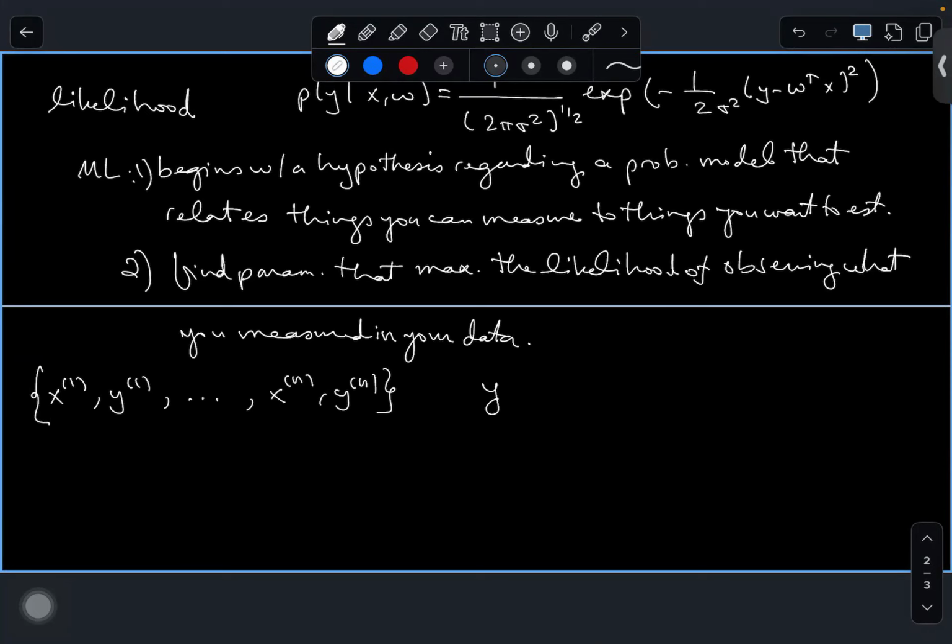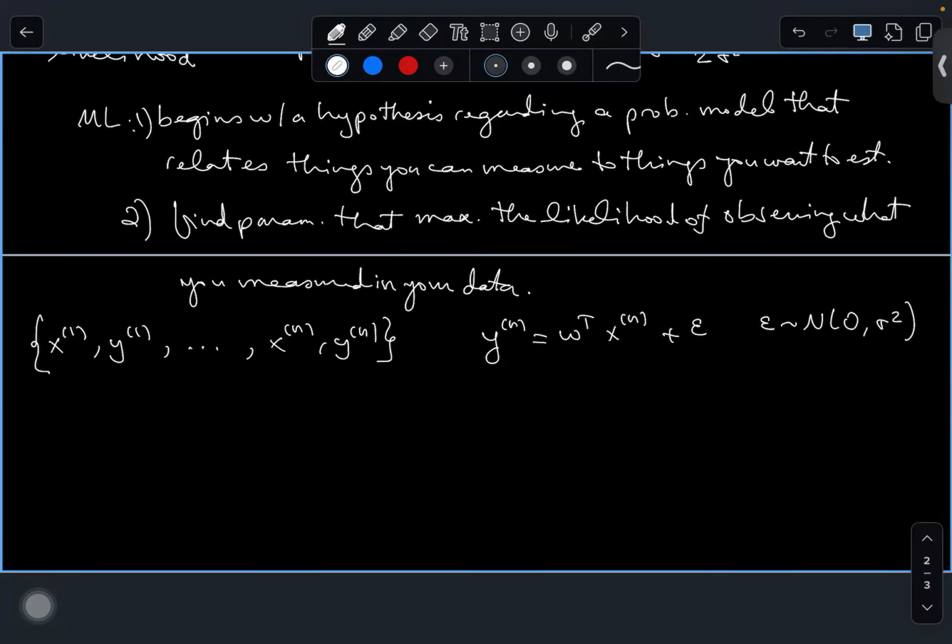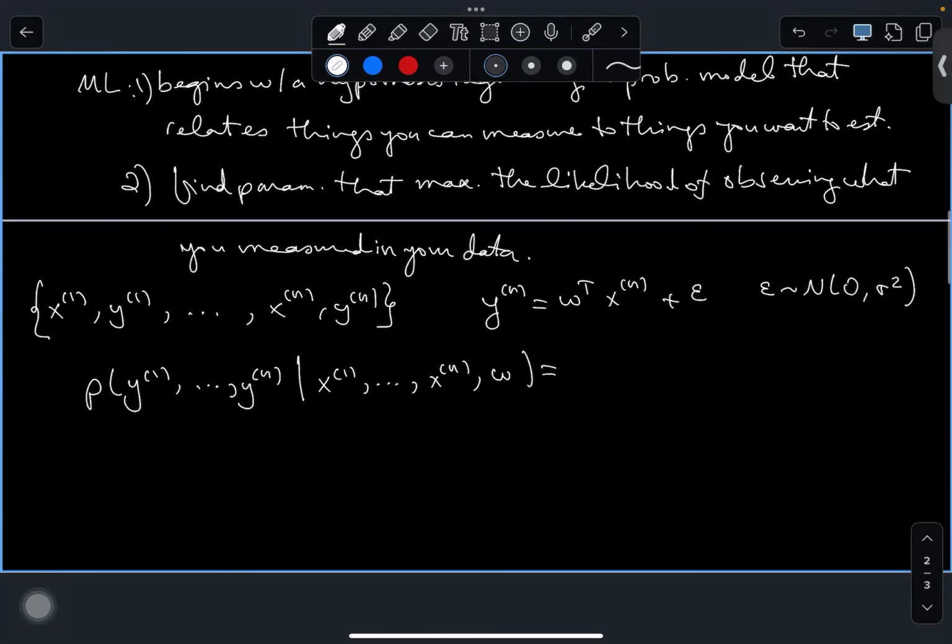I believe that my data was generated by this model, which means that the probability of my data, the likelihood of my model, so the probability of Y1 through Yn, observing this specific sequence of Ys that I was given, that I had X1 and W, this probability is called the likelihood.